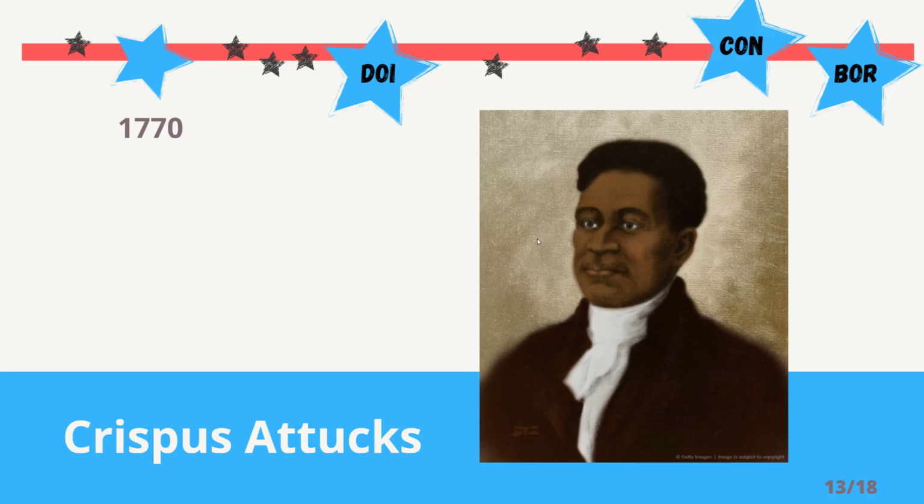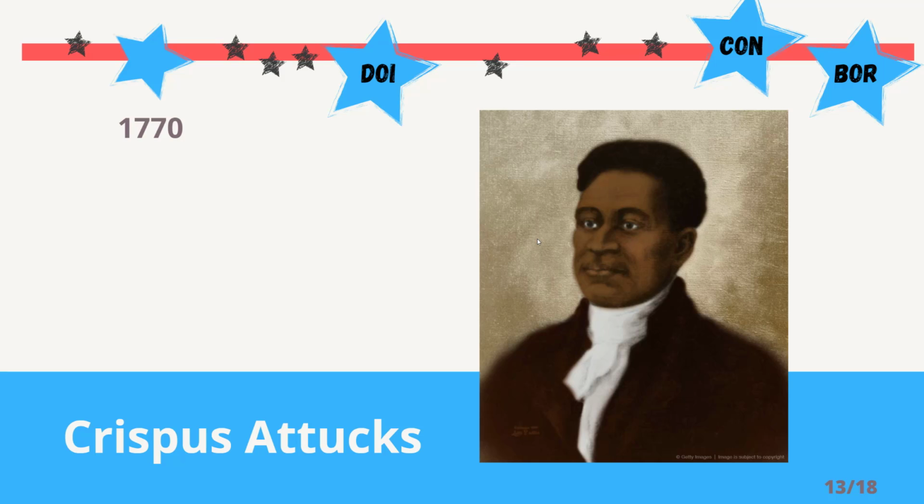Crispus Attucks is an American of mixed race. His father was an enslaved African.